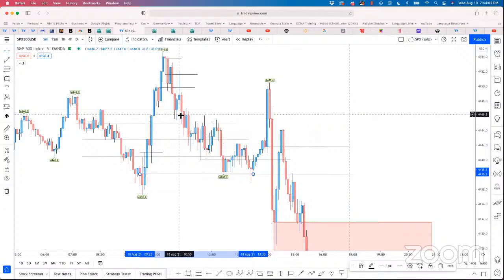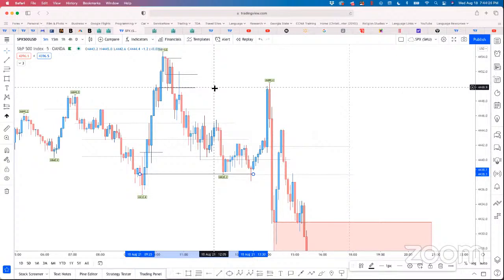Then we get to this little tiny order block or rejection area right here. Does it trade through that? It does, right? Then it gets into this order block as soon as it comes in over here at this area, and you've got a trade set up to the downside.